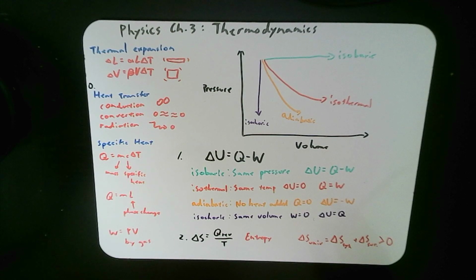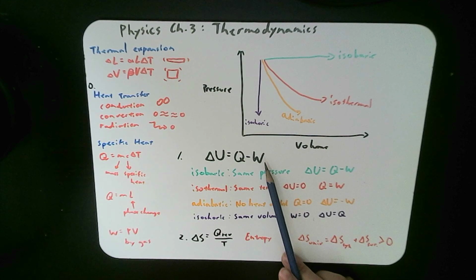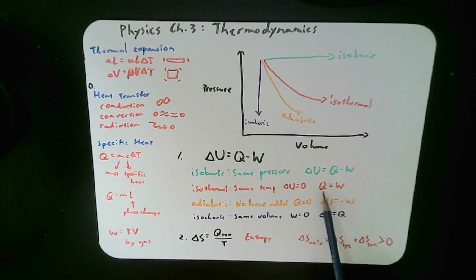Perhaps there's no heat added and nothing has been done, right? But it could also mean that if you added 100 joules of energy and the gas also used up 100 joules of energy, then they are the same as each other. Maybe you got $100 as a gift, but you spent all that $100, so your net amount of money is 0.